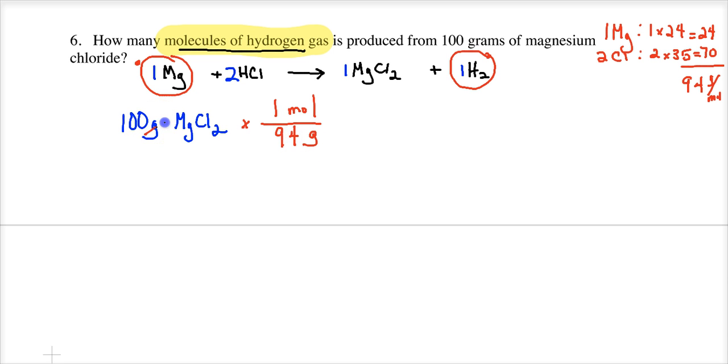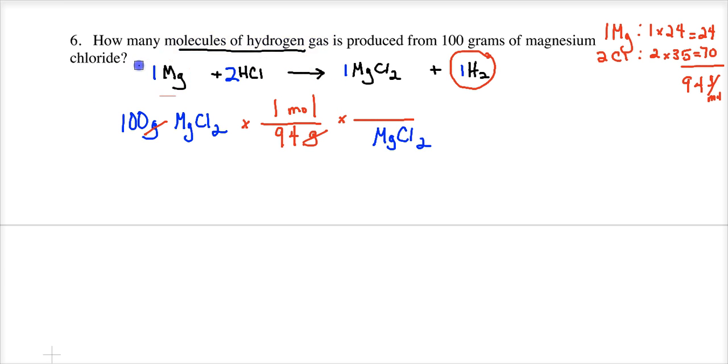Now, I'm getting rid of my grams to get into moles. And the reason that I'm doing that is so that I can get rid of my magnesium chloride to get into the chemical I want. In order to get rid of the chemical given to me, which was in this case magnesium chloride, looks like I thought I was magnesium, bad Grodsky.